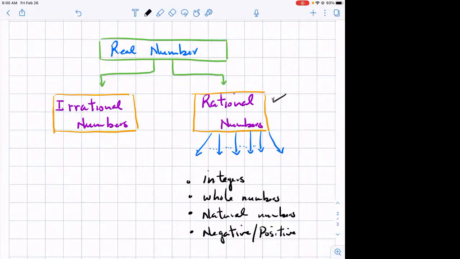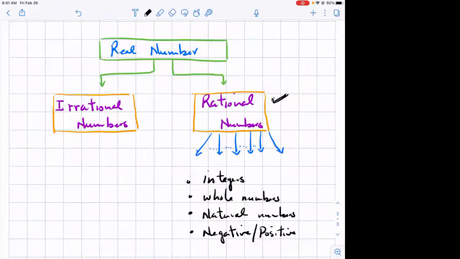So it will fall under this branch here. And in addition, this is also a real number, okay? Any number you can think of is considered to be a real number, right? The real number is like the heading for all of them.